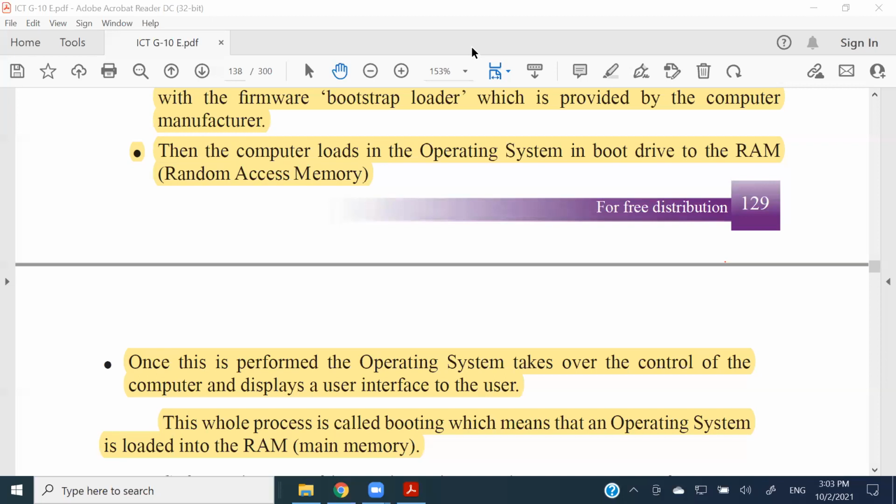If we ask the providers to provide a Linux operating system, they can install it. But usually, companies like HP, Dell, and Lenovo always tend to provide their devices with an operating system.